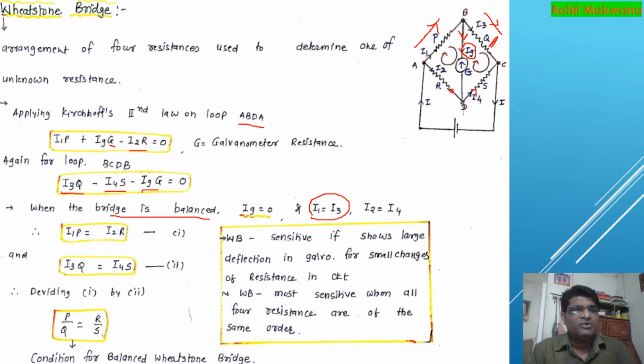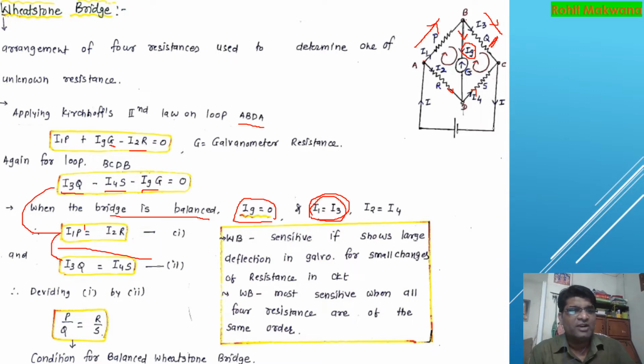Okay, so if you substitute Ig equal to 0 in equations 1 and 2, then this will become I1P is equal to I2R, and the second equation, sorry, this is the second equation, becomes I3Q is equal to I4S. Okay, but we have seen here that I1 is equal to I3. So if you take the ratio, I1 and I3 get cancelled.